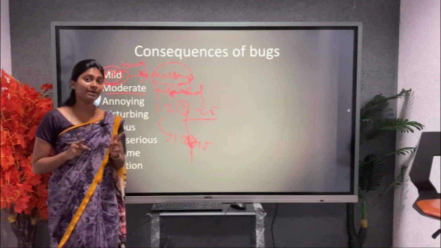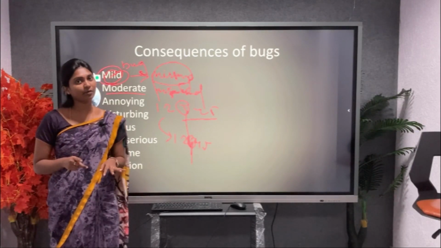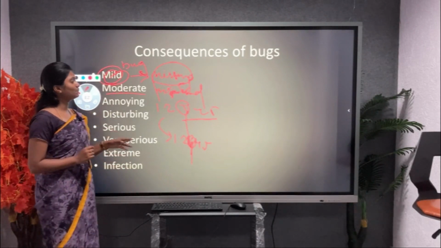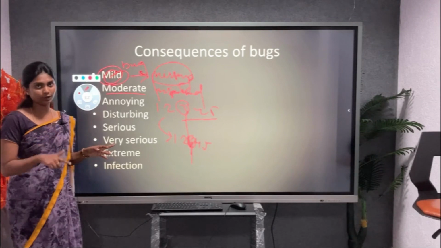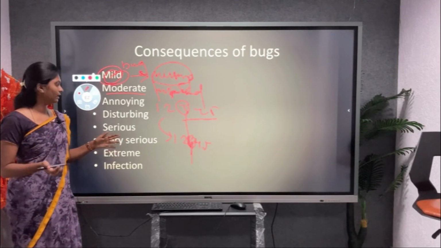So it is a misspelled word. It is wrong information which is coming out, right? Misspelled is nothing but moderate. I'm not saying about the present, I'm saying about the past, so that's why it is misspelled, right?